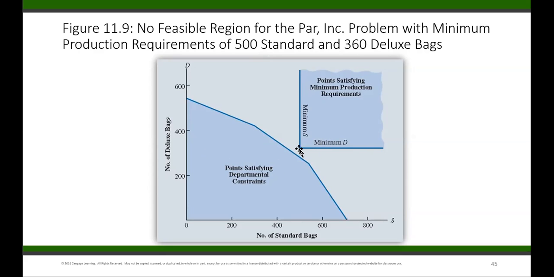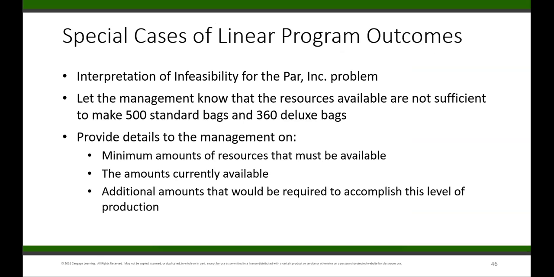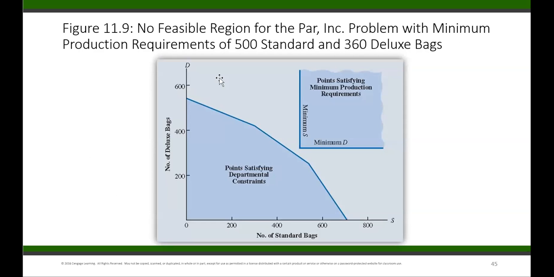And as you can see, there is no intersection. There is no point that can satisfy both of them. And that means we are not actually able to satisfy all these constraints. So we have to, again, go back to the manager and to the management and make sure that we either relax these two numbers, our minimum production requirement, or we increase the amount of available resources.